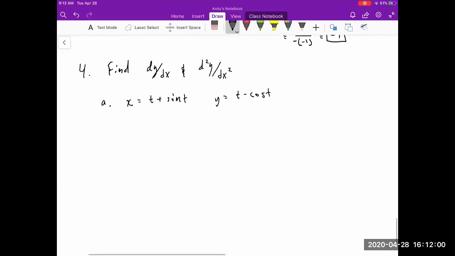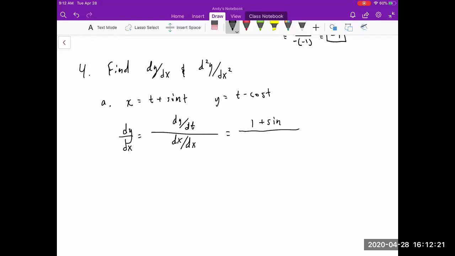So for A, let me just use our formulas. The formula for dy over dx, remember, is dy over dt over dx over dt. In other words, find the derivative of each equation and then divide y's by x. The derivative of y's equation is 1 plus sine of t. The derivative of x equation is 1 plus cosine of t.